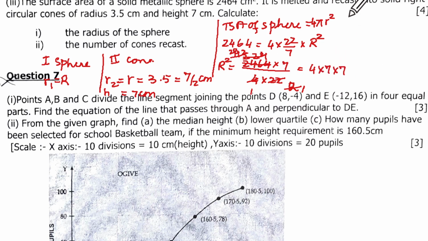That is your r square. So therefore, the radius of the sphere is going to be 2 into 7, which is 14 centimeter. Agreeable to you?